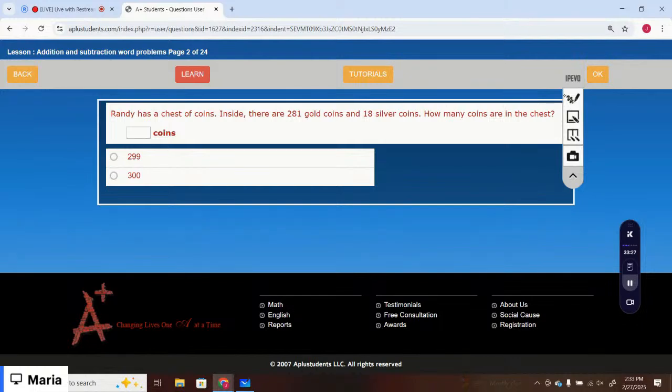Randy has a chest of coins. There are 281 gold coins and 18 silver coins. How many coins are in the chest?